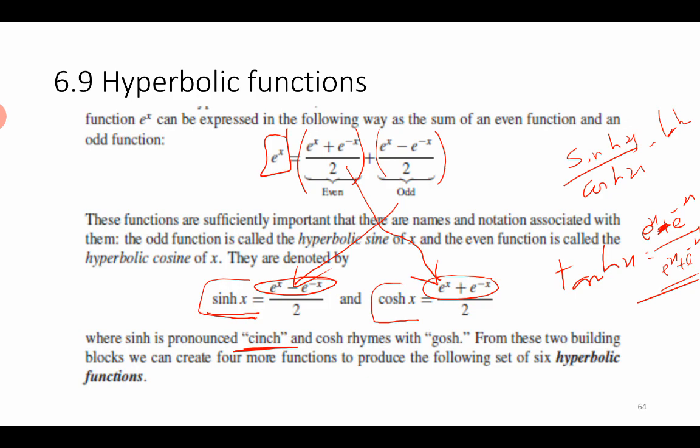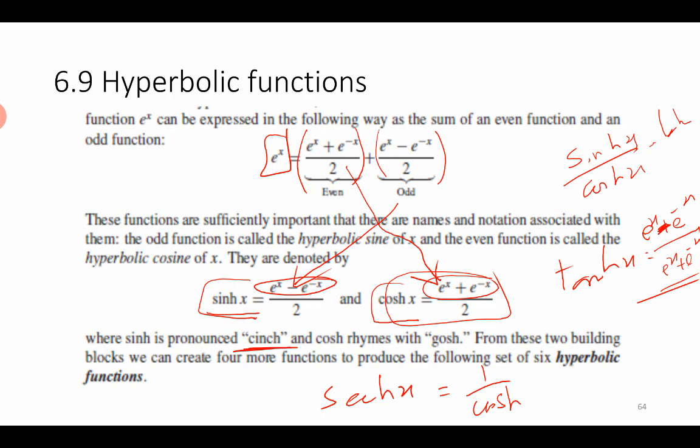In a similar way, we can derive secant hyperbolic x, which we call sech. It is 1 over cosh, isn't it? So invert the cosh, and that's it: 2 over e raised to x plus e raised to minus x.